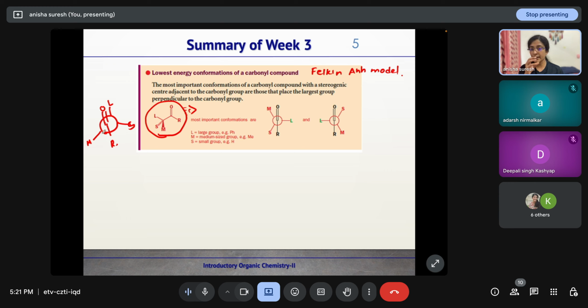Then only will we get the most favorable conformation for attack, which is less sterically hindered. And the other conformation will be like this. Okay. So here L is the large group, M is the medium sized group, and S is the small group. These are the two favorable conformations.